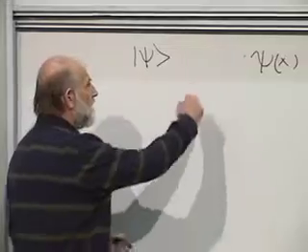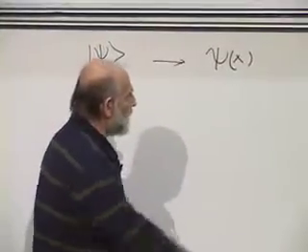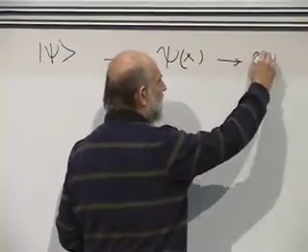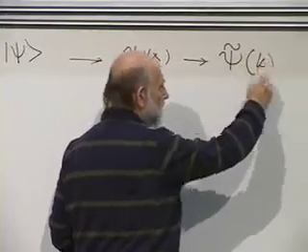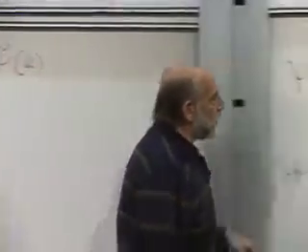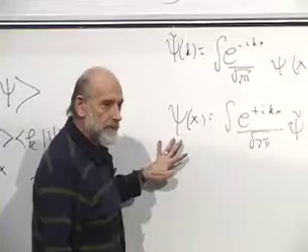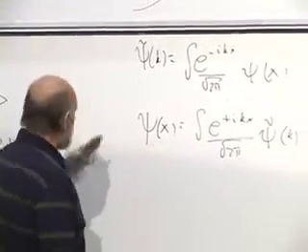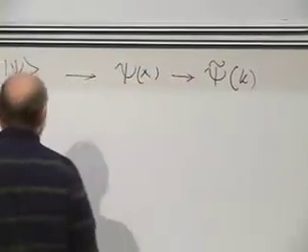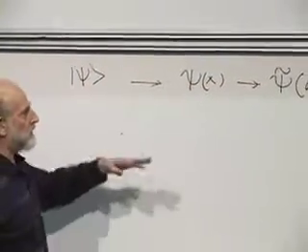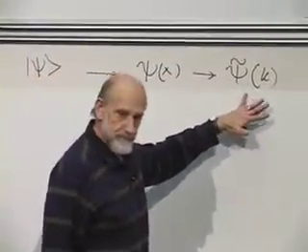But we can also use a psi twiddle of k, which has the same information. How do I know it has the same information? Because you can go back and forth between them. One simple vector is described in two distinct ways, one in terms of a wave function of position and the other in terms of a wave function of momentum.